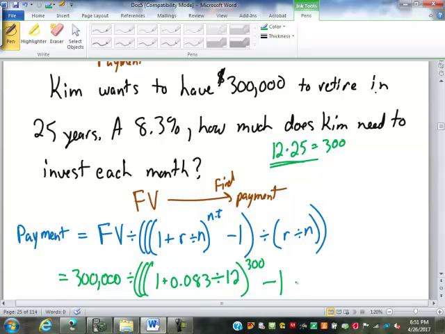Minus 1, close parentheses, divided by, open parentheses, 0.083 divided by 12. Close and close.